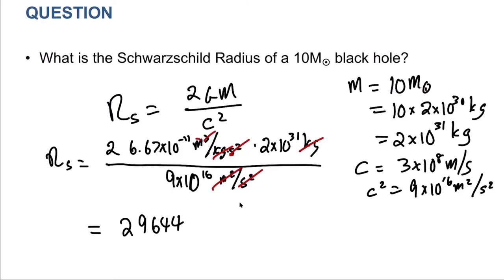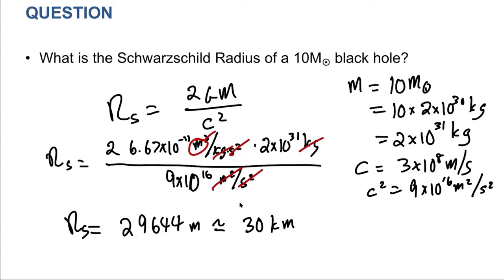And the only thing that's left is 1 of these meters. And so this is almost 30,000 meters, or about 30 kilometers. The Schwarzschild radius of a 10 solar mass object is 30 kilometers. This is a pretty small distance for 10 solar masses to be compacted down into, obviously.